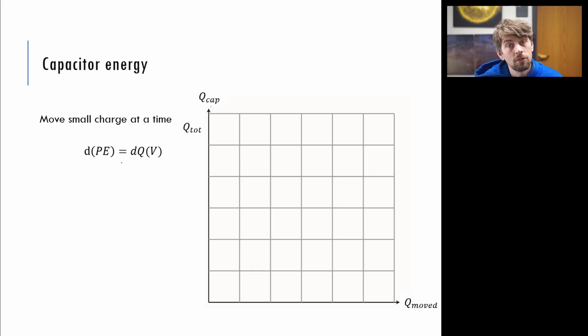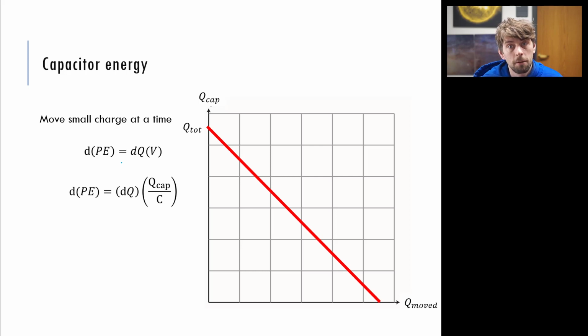Namely, the potential difference is given by the charge on the capacitor divided by the capacitance. So we're taking C equals Q over V and rearranging it to say the potential difference across the capacitor is Q divided by C. So we're going to substitute that in.